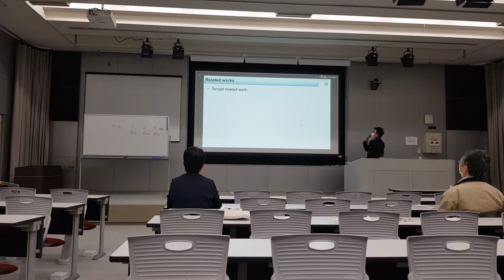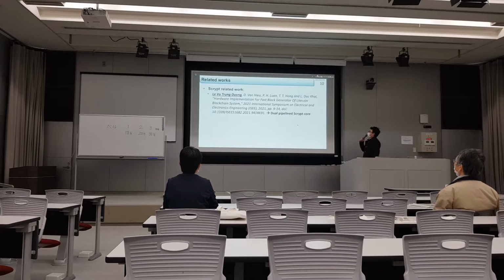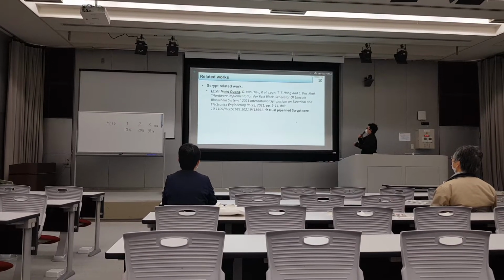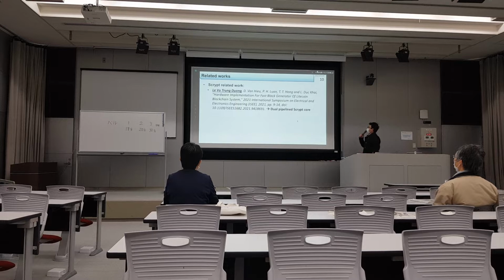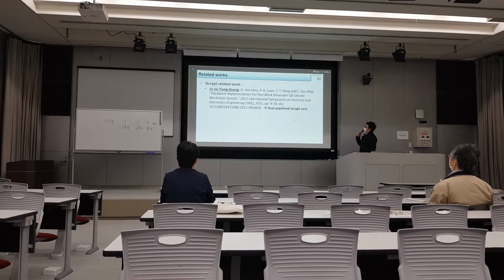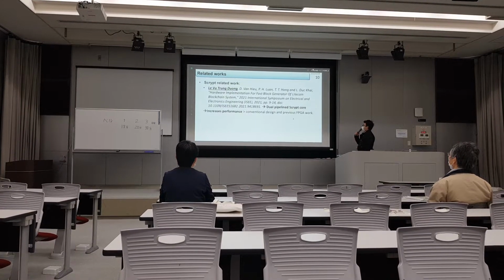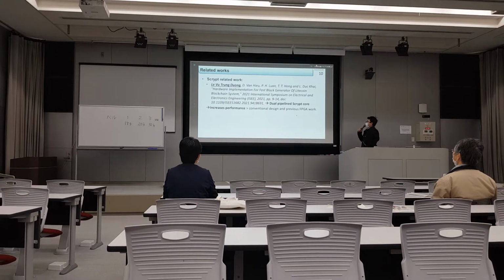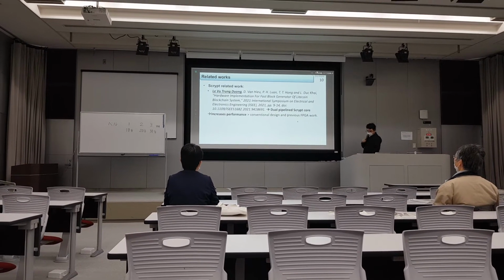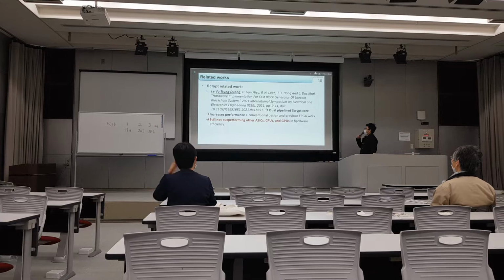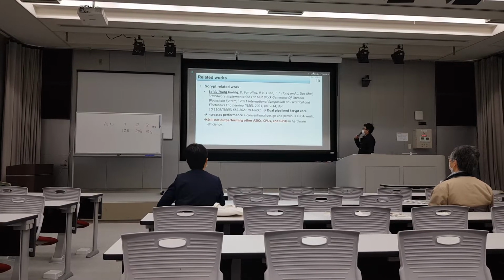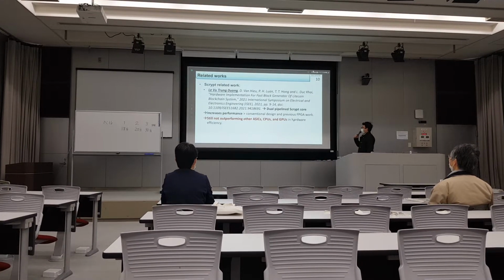And about Scrypt related work, this is my previous work for Scrypt core with the two-stage pipeline. Although it increased performance over previous work, when compared with general hardware such as CPU, ASIC, and GPU, it cannot outperform.